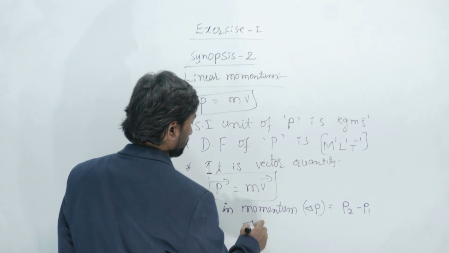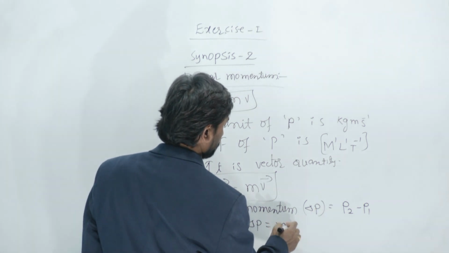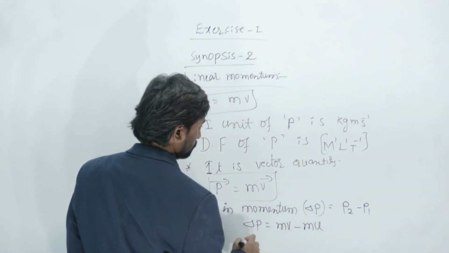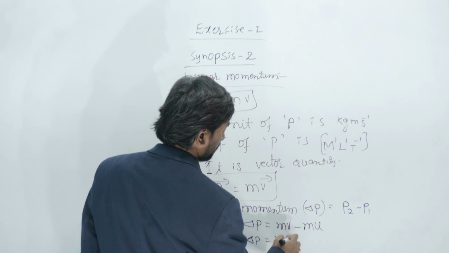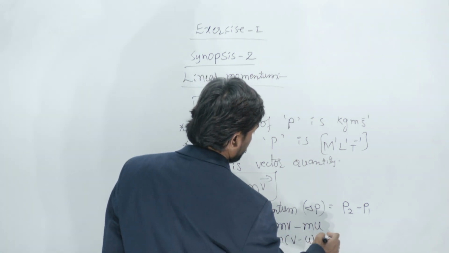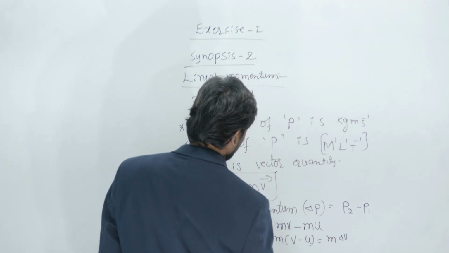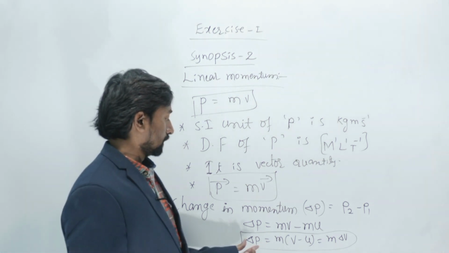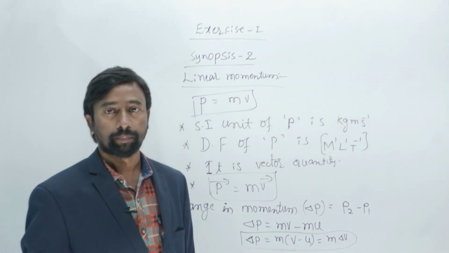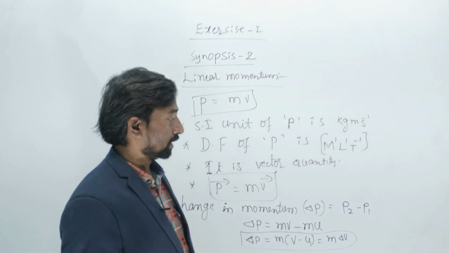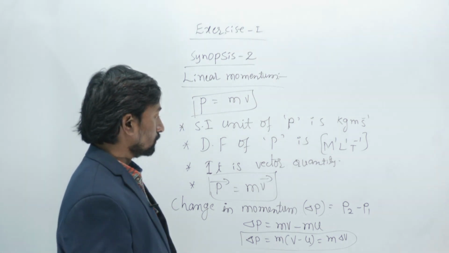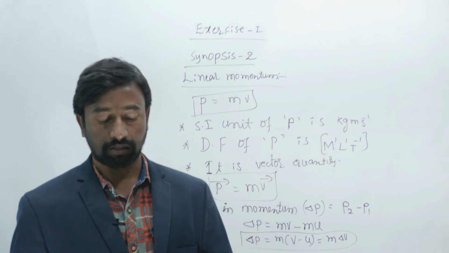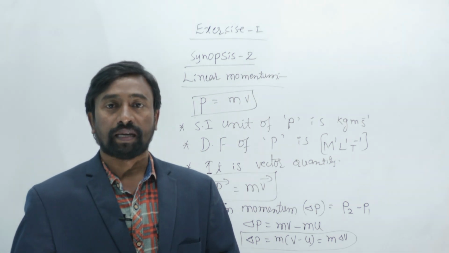Here P2 is m into V, the mass of the body and final velocity, and P1 is the mass of the body and initial velocity. So delta P can be written as m, taking it common, into V minus U. It can also be written as m delta V. Therefore the change in momentum is m into delta V, or delta P equals mv minus mu, or m into V minus U. Whenever a body starts its journey, it has a certain initial velocity.